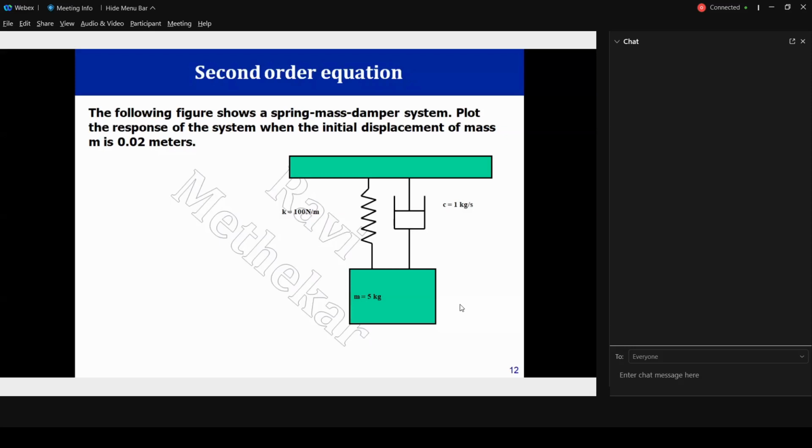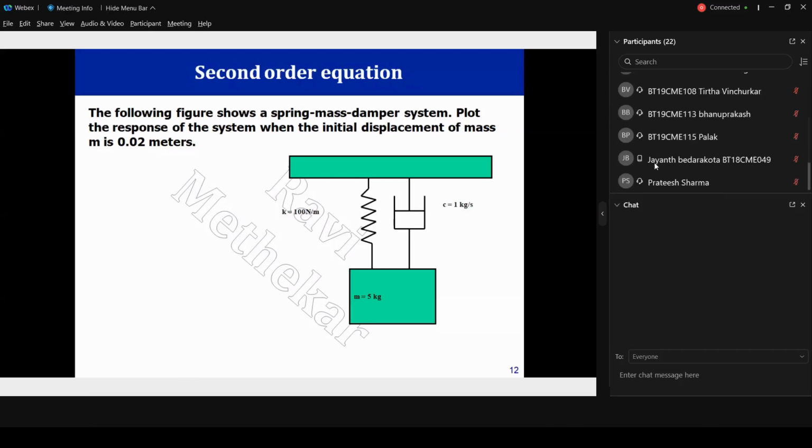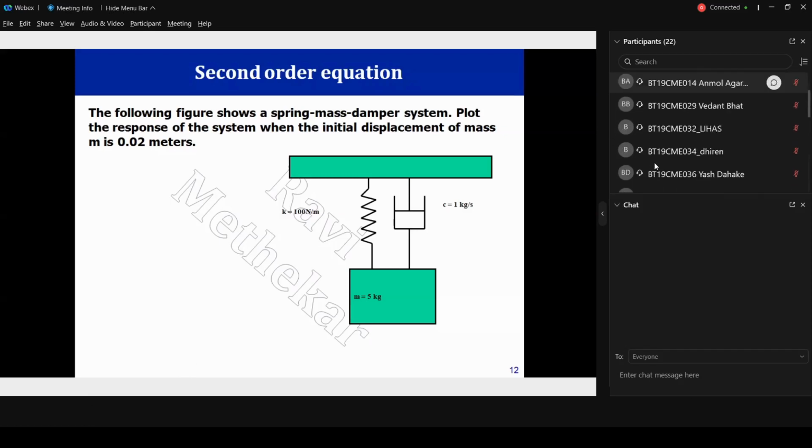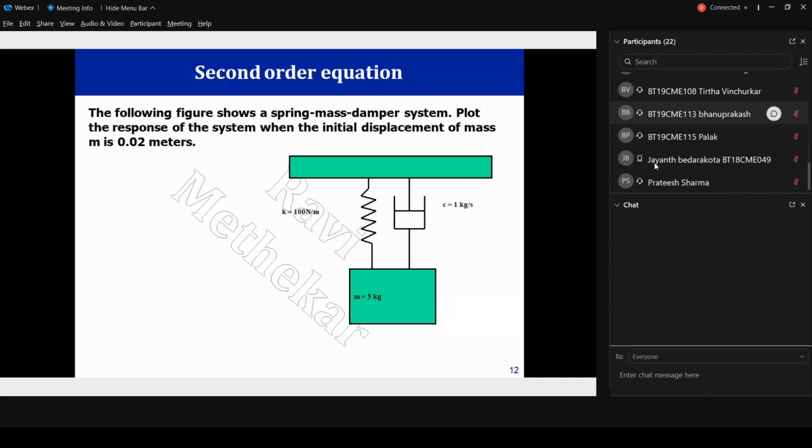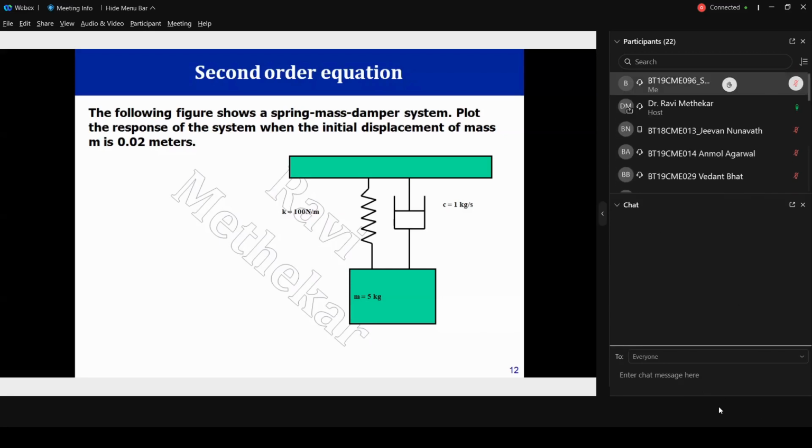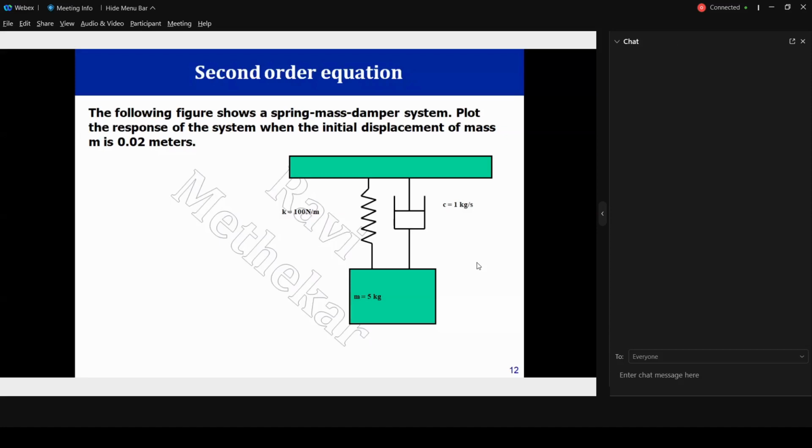The change from one ordinary differential equation to n ordinary differential equations is that MATLAB should know that now it has to solve more than one ordinary differential equation. So we write in the first line zeros(number of ordinary differential equations, 1), and then we write the ordinary differential equations. This is the change we need to make.